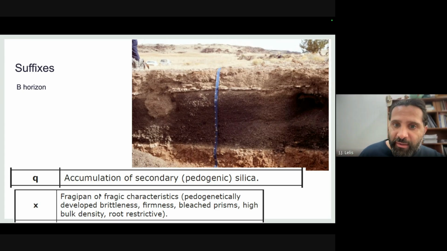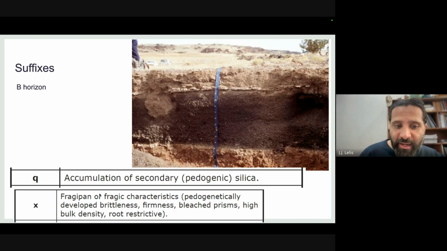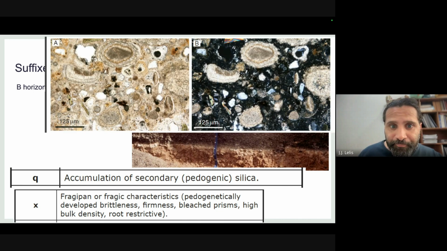I have a layer or a horizon that registers very strong cementation, but this cementation can be dissolved with water, or I can break it even with my hands, okay? So the cementation is hard, but it's not too hard to be broken, indicating that yes, I registered some silica migration and silica cementation, okay?